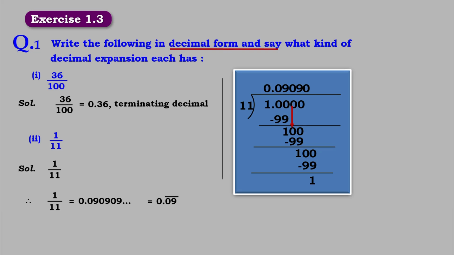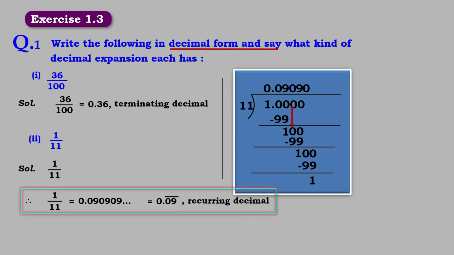We can see that here we get 0.09, and this keeps on repeating. So we can write it as 0.09 bar, which is basically a non-terminating and recurring decimal.